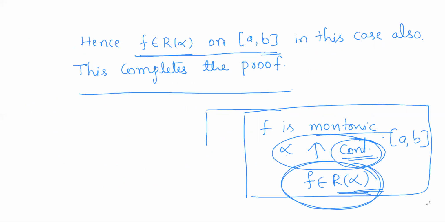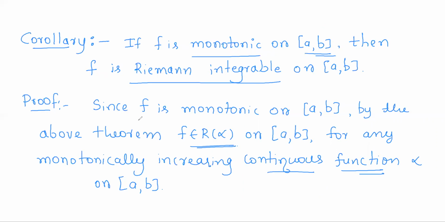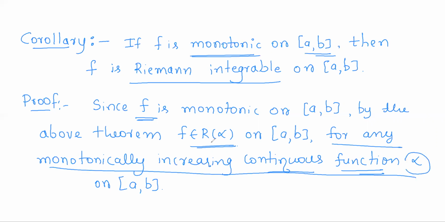That is, F will be Riemann-Stieltjes integrable. So F is given to be a monotonic function. Along with F, consider any monotonically increasing continuous function alpha. Then by using the previous theorem, F is a Riemann-Stieltjes integrable function, where alpha is any monotonically increasing continuous function.